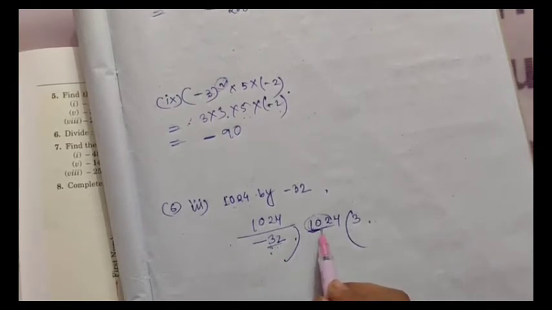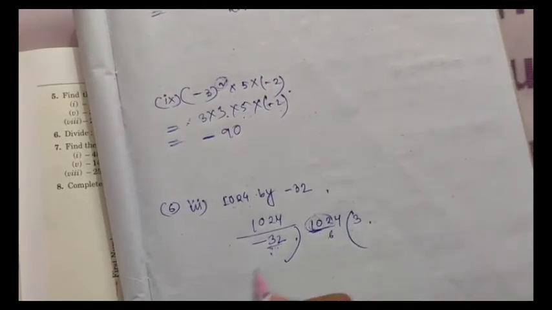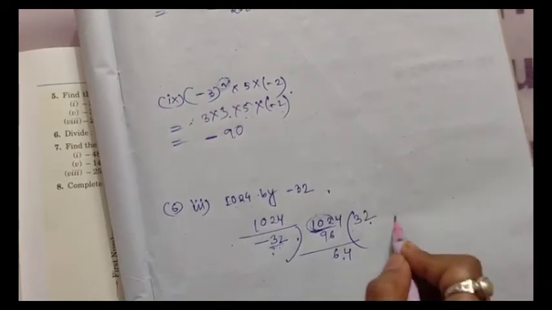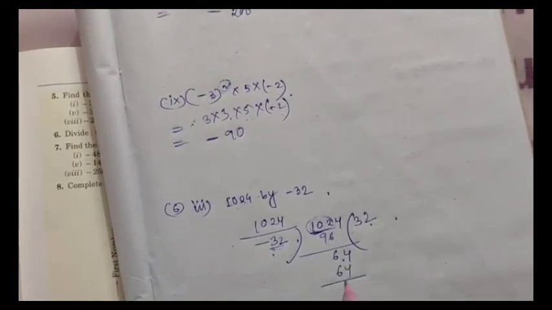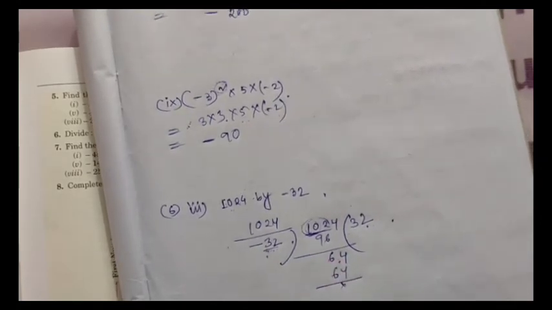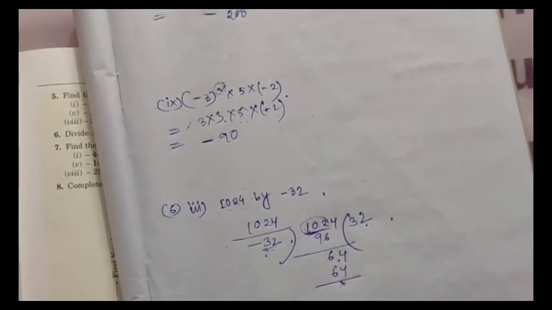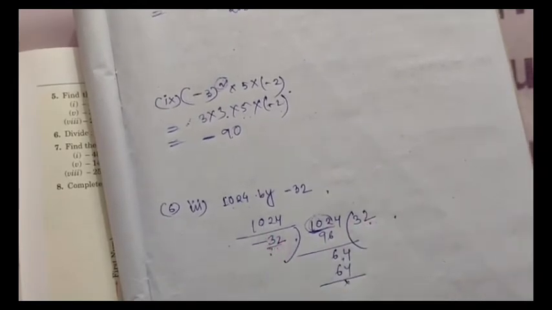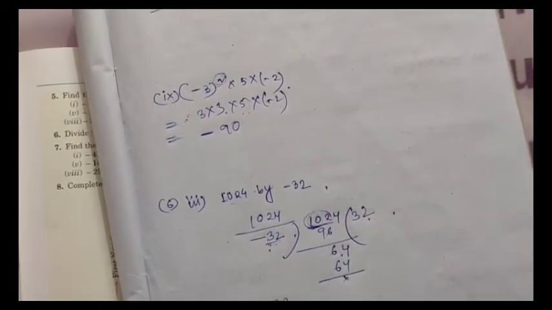So 12 is greater than 10, so 32 goes 3 times. 3 2s are 6, 3 3s are 9, 64, then 32 2s are 64. So the answer will be minus 32, because these two integers are of opposite sign.